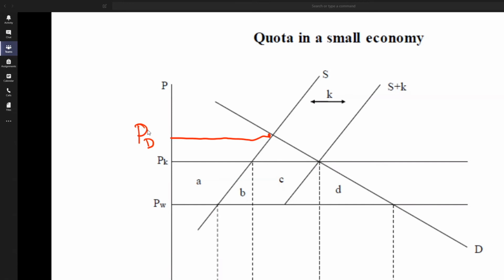And the supply curve moves by 500 to the right. This is the new supply curve, S plus K. And because there is still the shortage, the lack of products in the domestic market, it pushes the price up, so from 40 to 50.